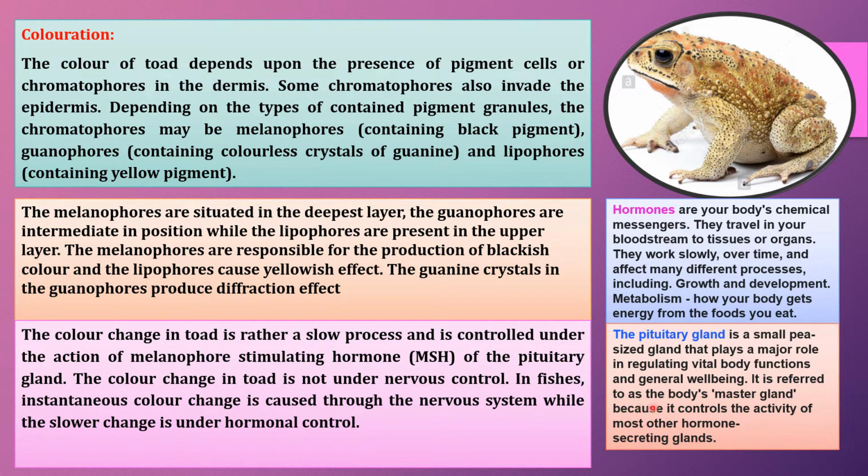It is referred to as the body's master gland because it controls the activity of most other hormone secreting glands. That means the pituitary is the headmistress, you can say, of the hormonal glands, because it controls the activities of other hormonal glands. That's why it is called the master gland.